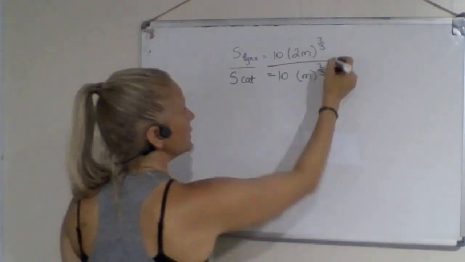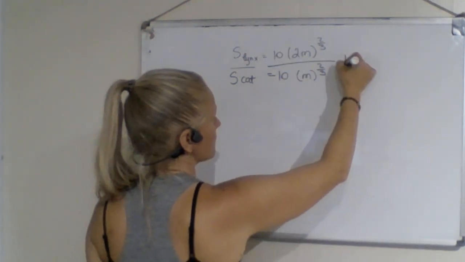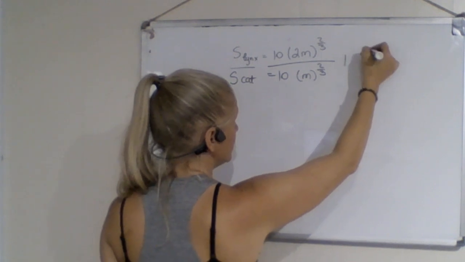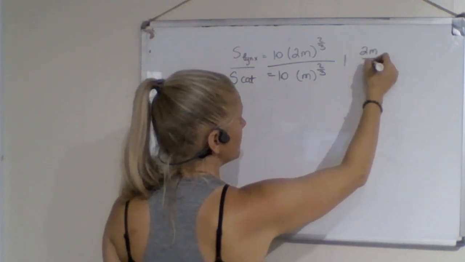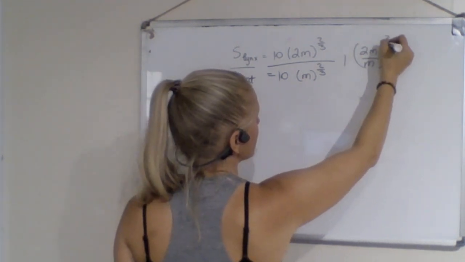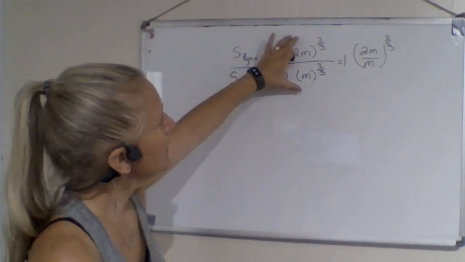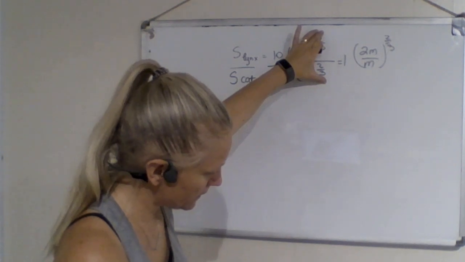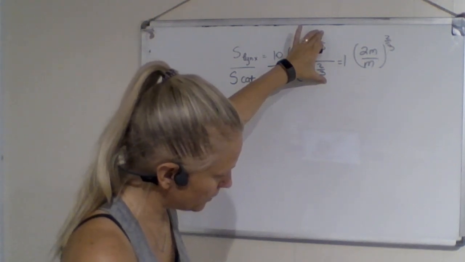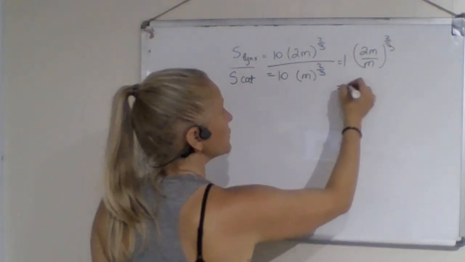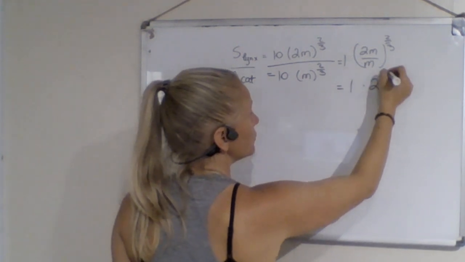So if I do this division, 10 divided by 10 gives me 1. Then I have 2m over m all to the 2 over 3. Correct? If I write this together, I go numbers with numbers, and they have the exact same exponents. I can actually put them all together, right? So this becomes 1 times 2 to the 2 over 3.